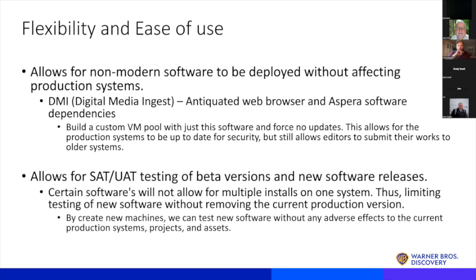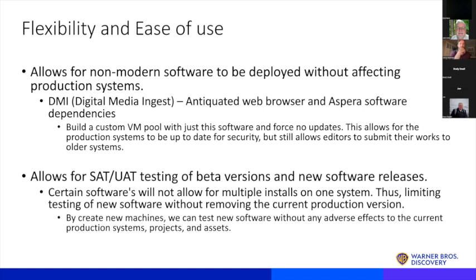And obviously with a non-modern web browser, you really can't do anything without updating it. So we can force that to never update and still maintain this legacy system while not affecting any of the other production systems.